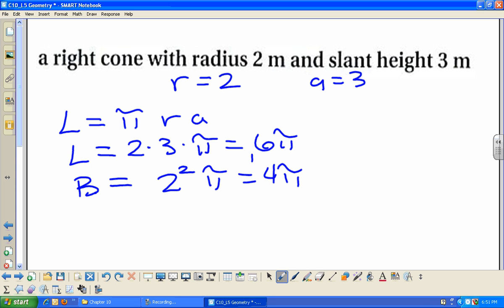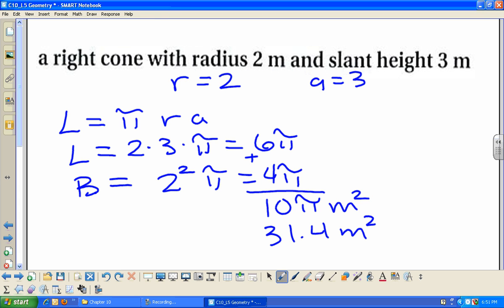Now I have to add these two together, and since they both have pi, I can add them, which would give me 10 pi. Now you can either have the answer 10 pi meters squared, or if you just were to solve this out, it would be 31.4 meters squared.